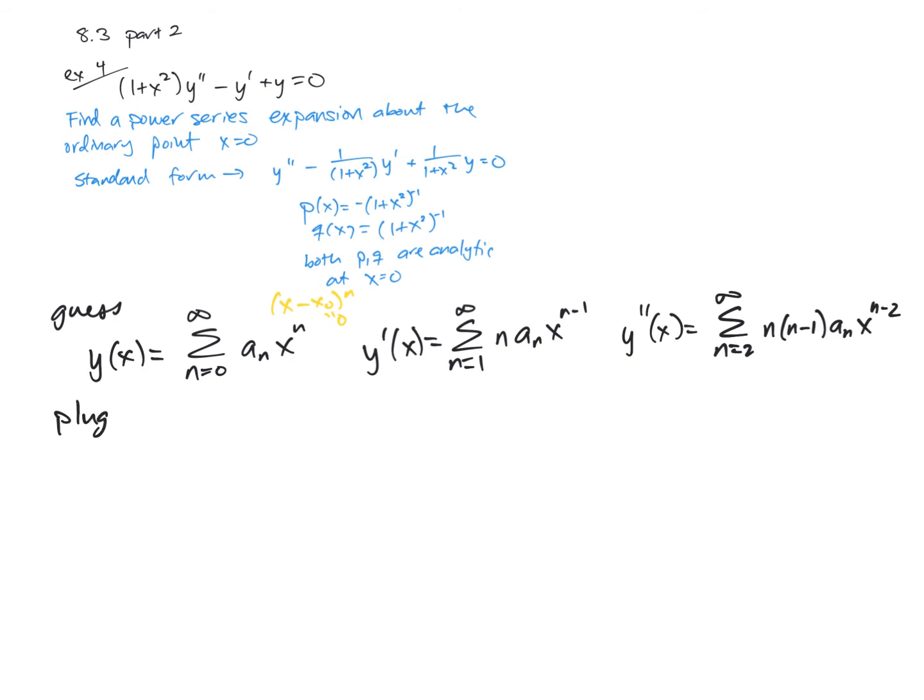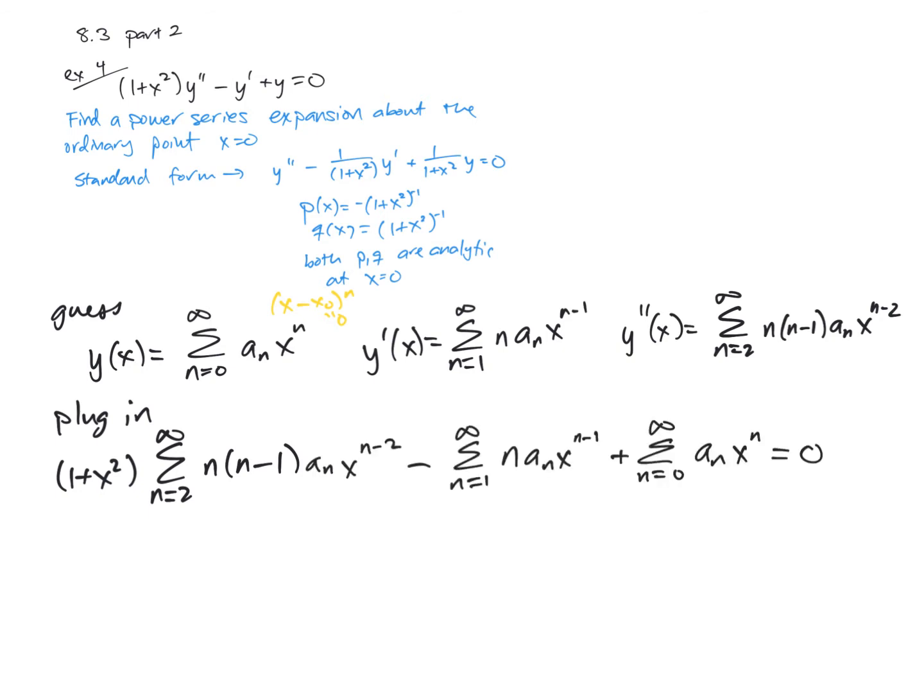And so now we'll just plug into our equation. We've got our y prime and our y double prime. And we get (1 plus x squared) times our power series for y double prime. And okay, I'll just write it all out now.